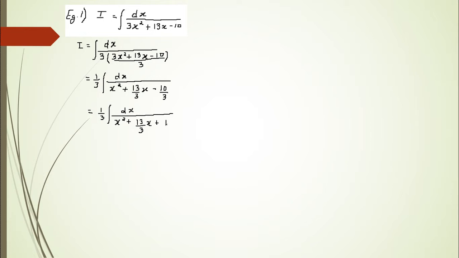So I'll get 13 by 6 whole square, and I'll subtract the same amount, 13 by 6 whole square, minus 10 by 3. That is this part.